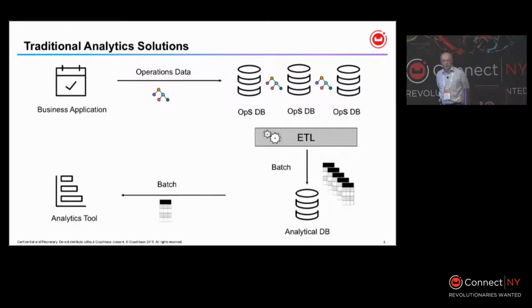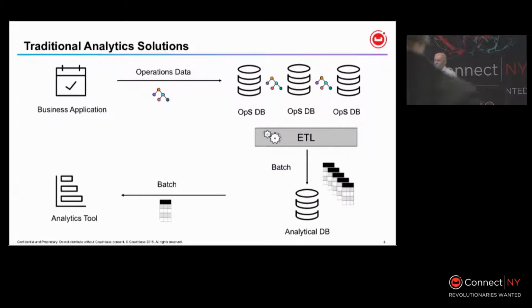And then if you want to analyze that data, what's usually happening is you have an ETL process, an extract, transform, load process. You take that operational data out of your operational database. You transform it into a shape that is optimized for your analyses.